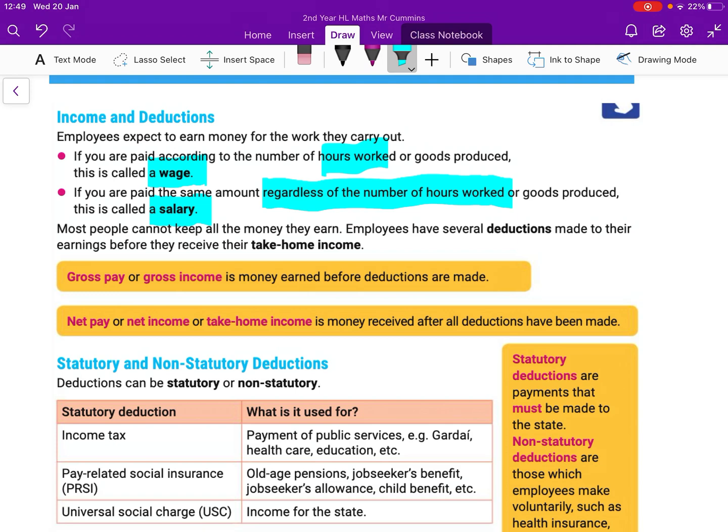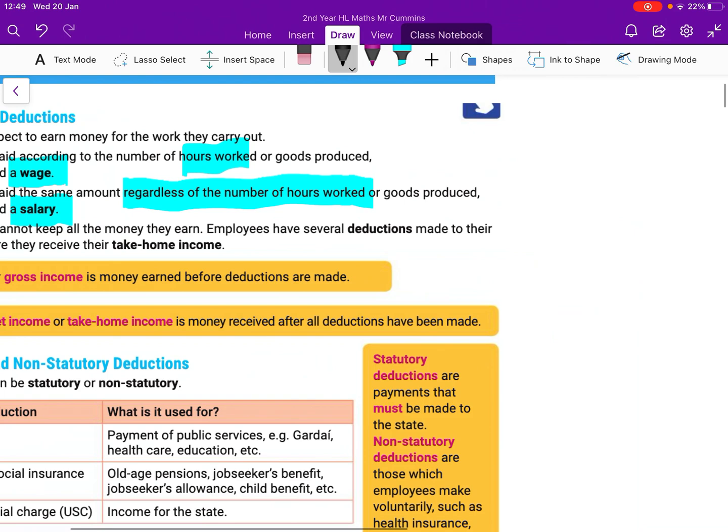And generally, if you're on 10 euros an hour and you work 20 hours, you'll get 200 euros. So wouldn't that be fabulous if you were getting 10 euros an hour working in a shop, and you work 20 hours, the fella comes along at the end of the week and gives you a pay packet with 200 euros in it.